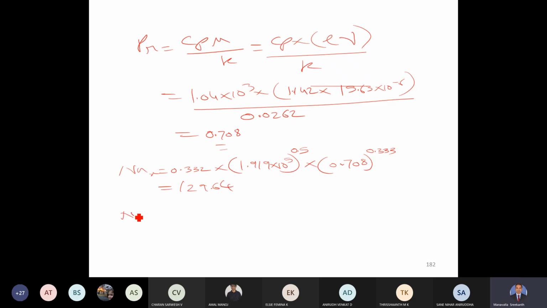So the average Nusselt number will be 2 times the local Nusselt number. So this is 2 multiplied by 129.64, which is 259.3.